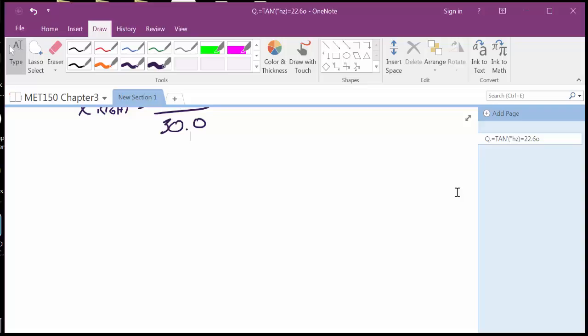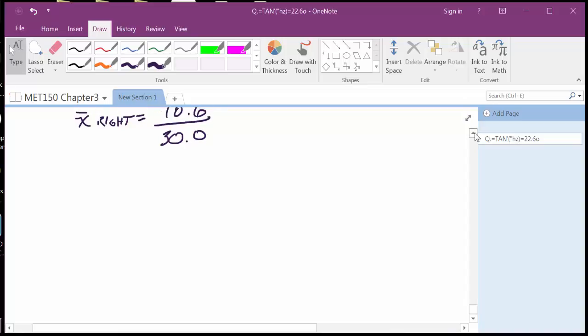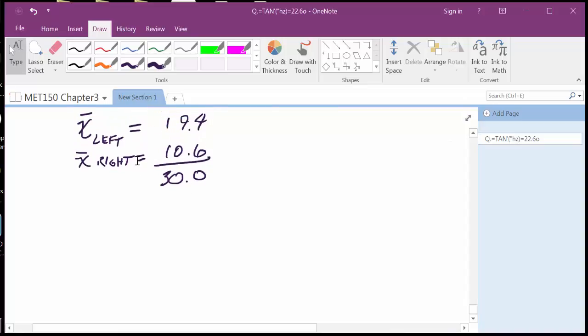That's far right, 10.6 over 40. 30 is the total from A to B. So good point. What I did was, 30 is how long that thing is total. If you take it from the left side and get one number, and take it from the right side and get another number, which you should in this case, those two numbers have to meet up.